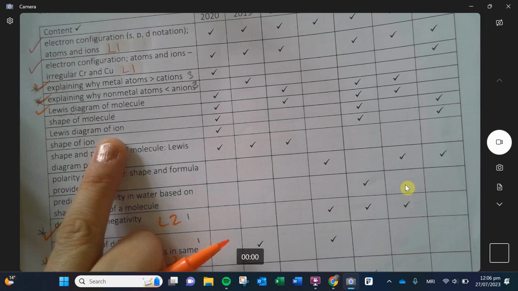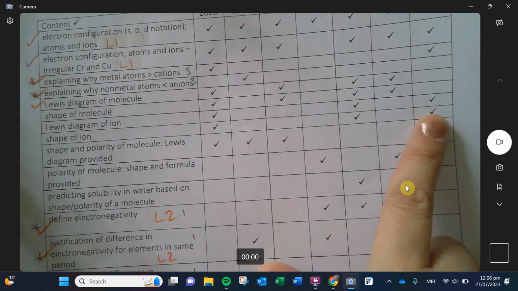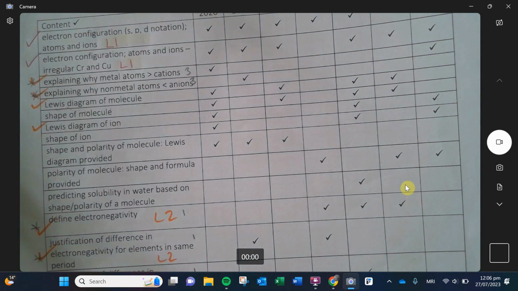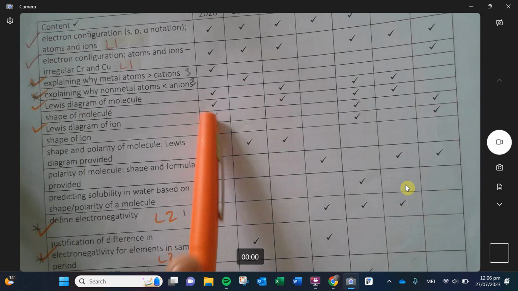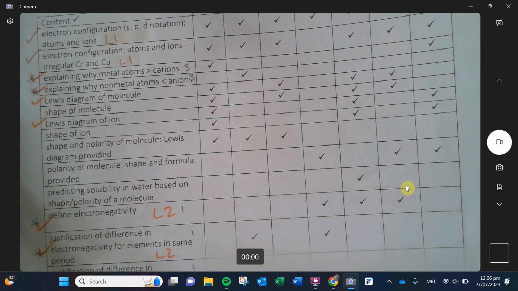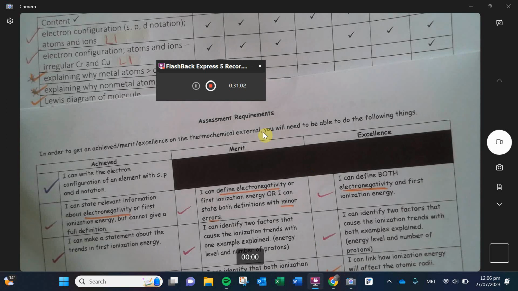Lewis diagram of ions, again, it does come up. That one they did in 2020, 2016, and 2014. I would say it's very likely they're going to ask you to draw a Lewis diagram. We'll talk about the shapes in our next lesson, but you can see that the shapes of the molecules come up pretty regularly. Cool. All right. So that's all the content for today.